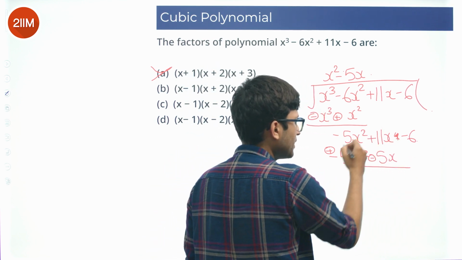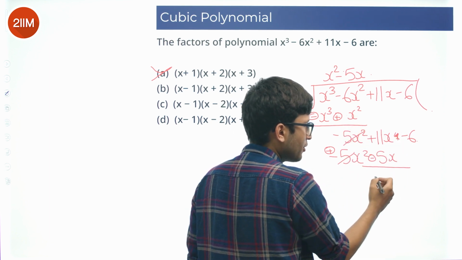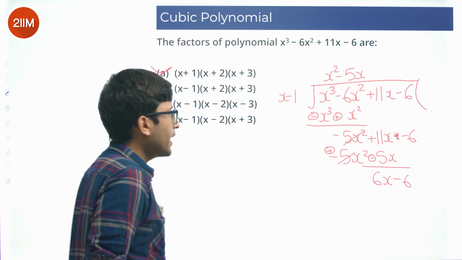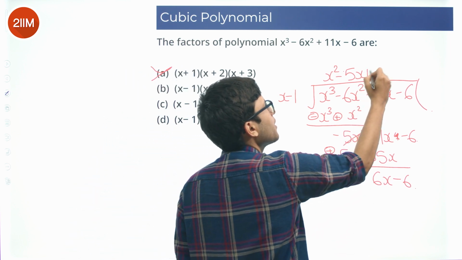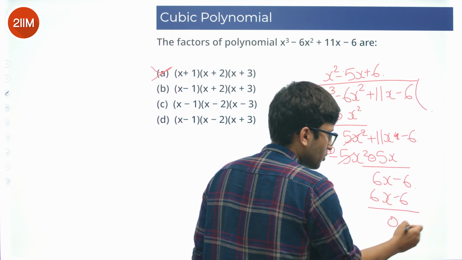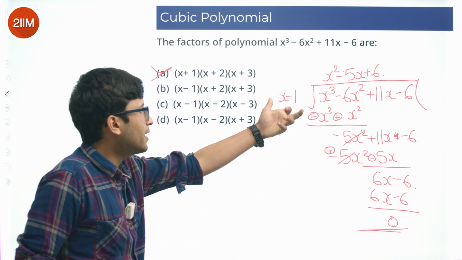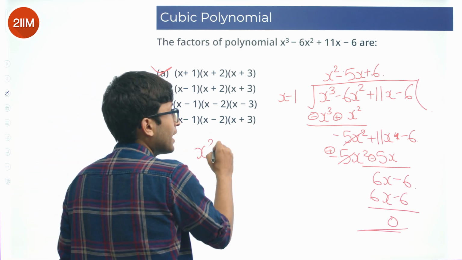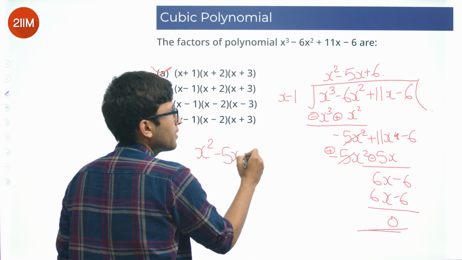This gets cancelled out, and here I would be getting 6x minus 6. So the next value which I need is 6, because if I do so, this would be 6x minus 6 and this would turn out to be 0. So if I divide this polynomial by x minus 1, the value I would be getting is this.